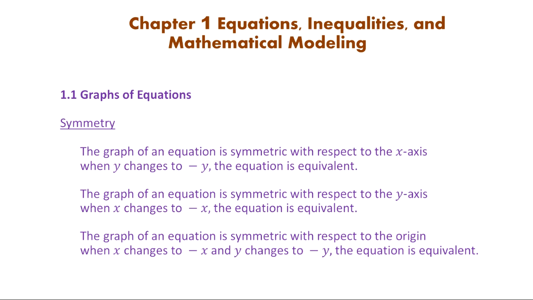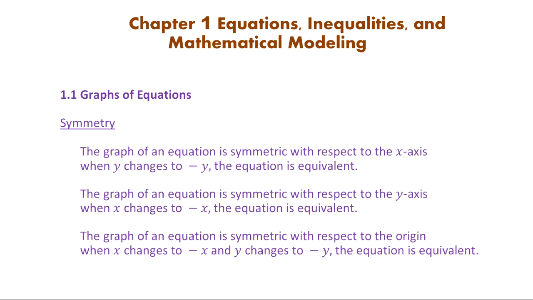What you do is just change y to negative y, and the equation is equivalent or unchanged. So in the equation, you plug in negative y for y, and you get the same or an equivalent equation. Then you know there's a symmetry with respect to the x-axis for this graph.